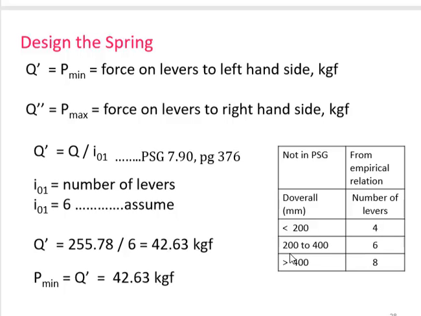If your overall diameter is between 200 to 400 mm, you can take the number of levers as 6. When the overall diameter is more than 400 mm, the number of levers can be selected as 8. Hence our diameter is 240 mm, which lies between 200 to 400 mm, so the number of levers can be 6. Hence Q dash can be calculated, which comes around 42.63 kgf, which is the P minimum.